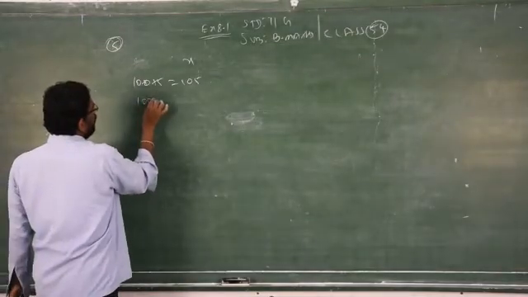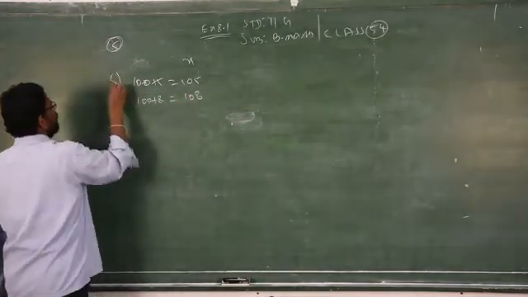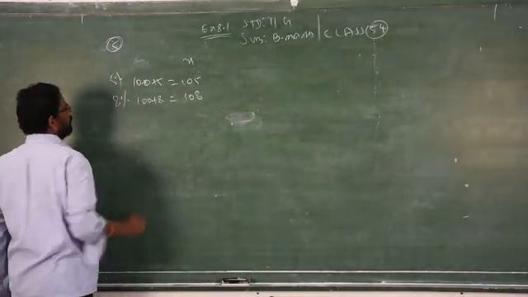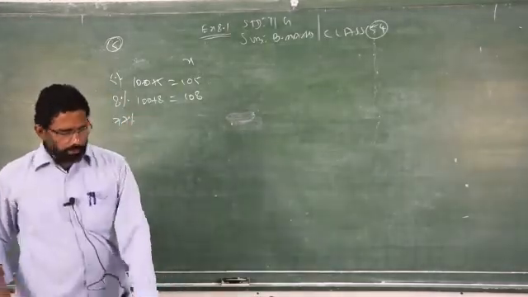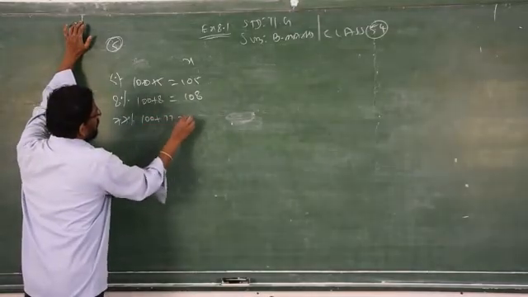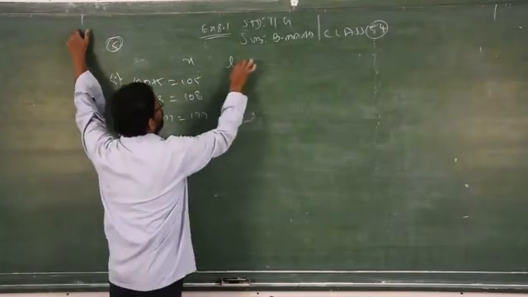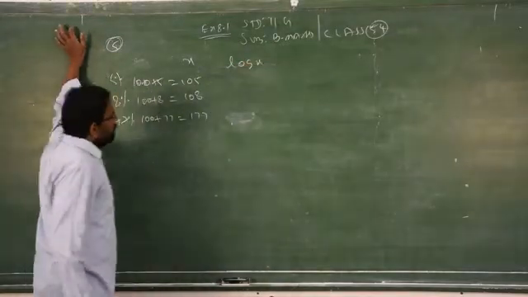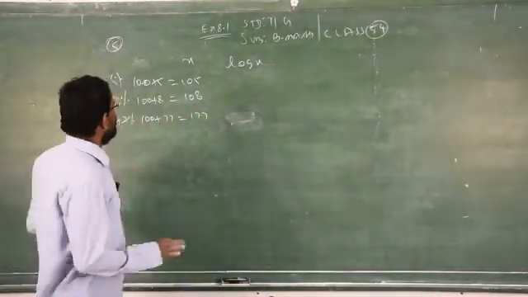Therefore 8 plus 100, that is 108. This is for 5%. This is for 8%. Next one, it is given 77%. You have to add 100 plus 77, that is 177. This will come under X. Now you have to find log X. This is ungrouped data, so there are no frequencies given, just you have to find log.